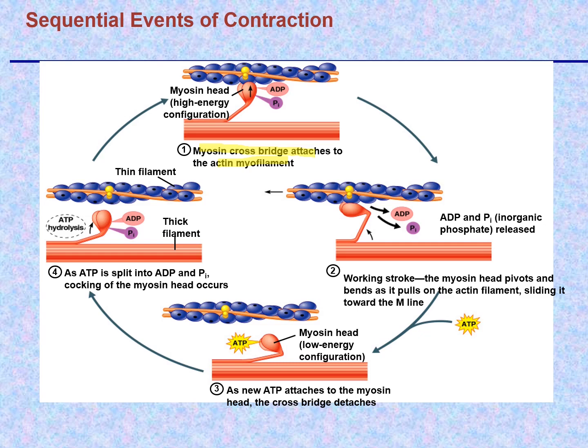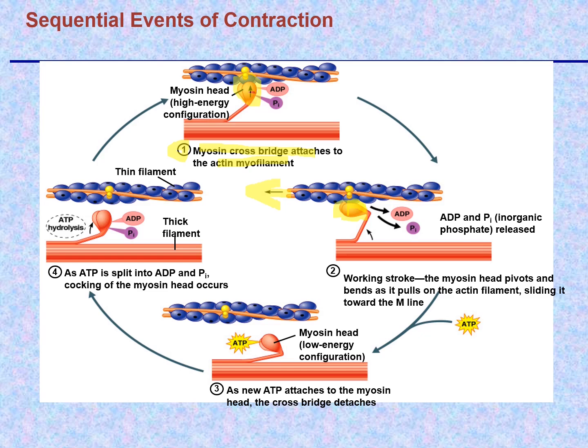You see that the head changes its angle, and it's attached here in number 1. It's attached to the actin thin filament, then it pivots, and that pivoting action is what moves the thin filament, slides it in that direction.